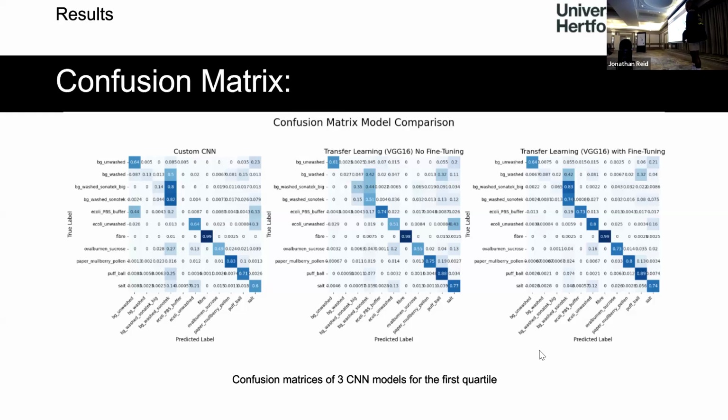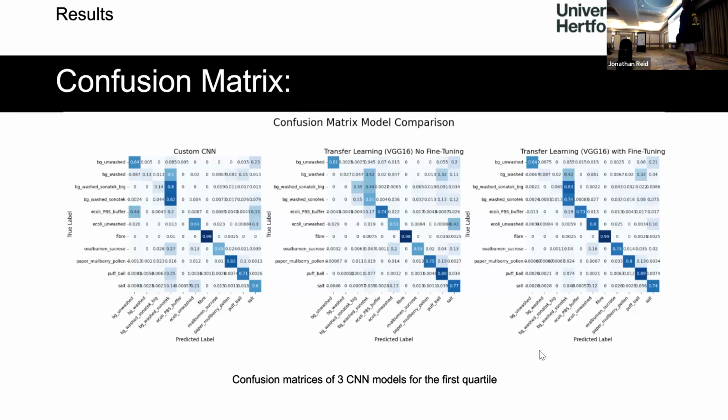A perfect model will have a factor of 1 through the whole diagonal, which means that every particle has been properly classified 100% of the time. If I have a 0.5, it means that it's been classified 50% of the time, where the other 50% can be spread anywhere along the row.